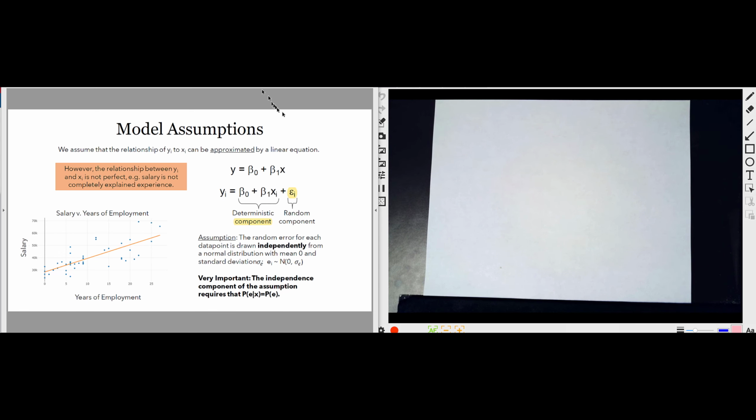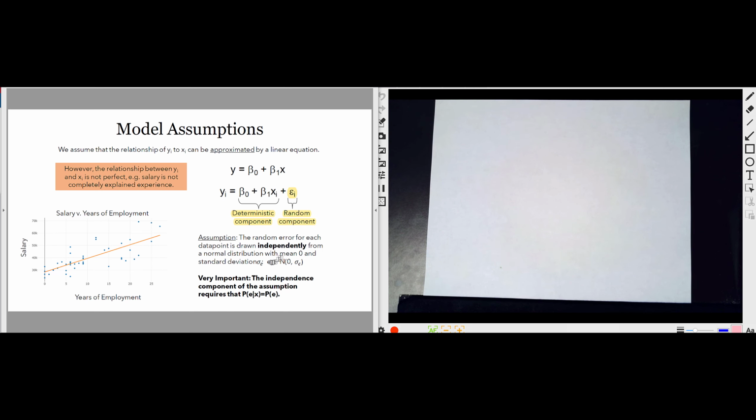So we call the part of each y sub i that comes from our linear regression model the deterministic component, and we call whatever the difference is the error component or the random component.